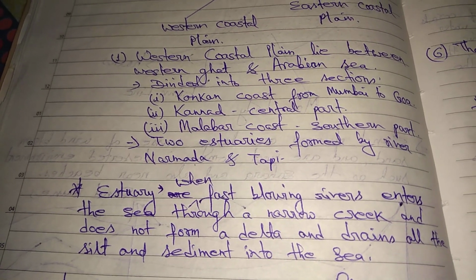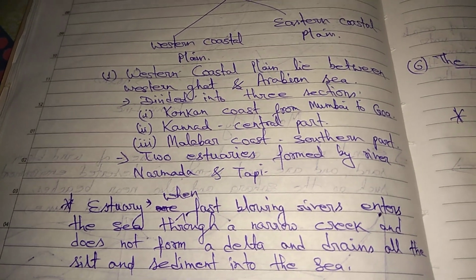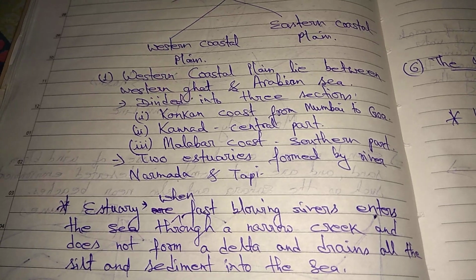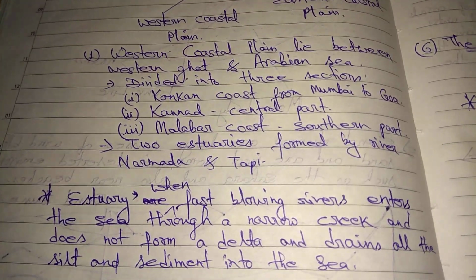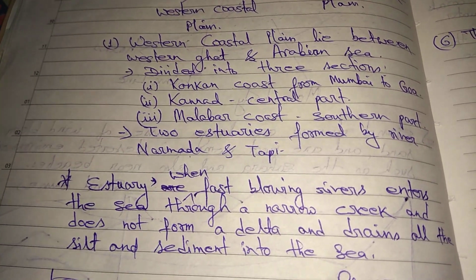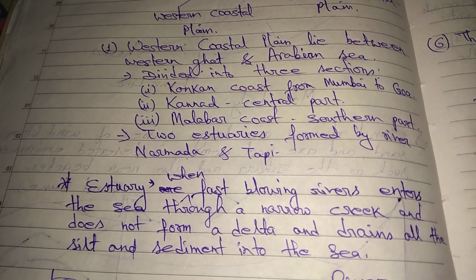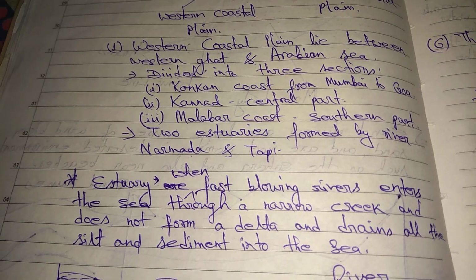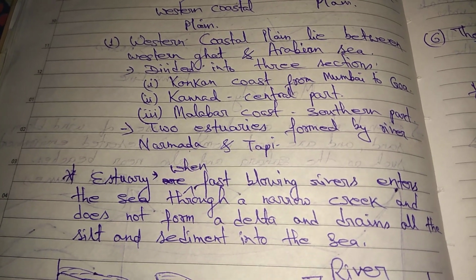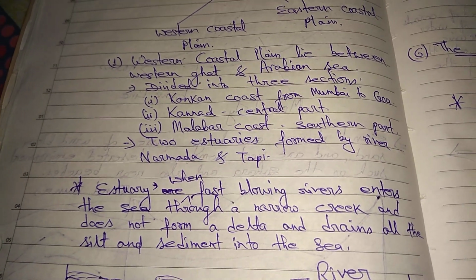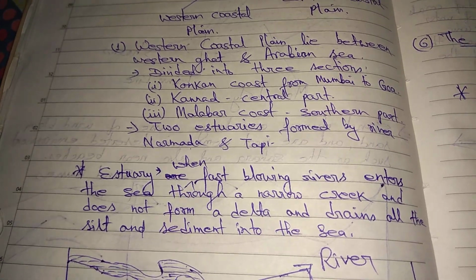Actually, an estuary is when fast flowing rivers enter the sea through a narrow creek and do not form a delta and drain all the silt and sediment into the sea. Such an area is called an estuary.